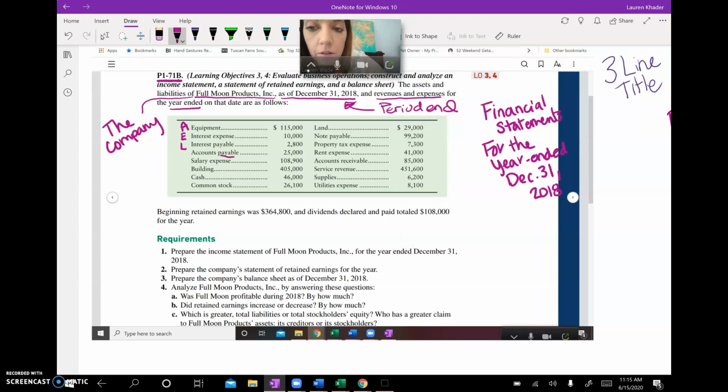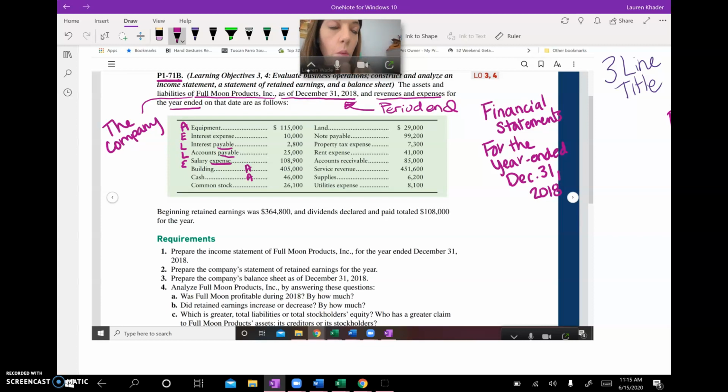Accounts payable, again, an amount owed, a liability. Salary expense, a cost that's been incurred by the company. Building, a building is an asset. Cash, an asset.